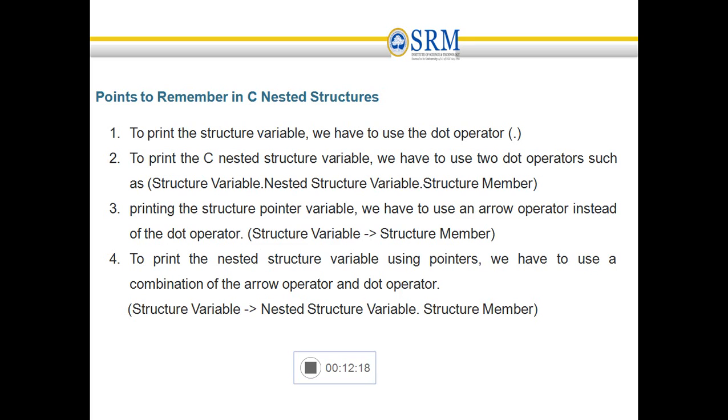So when you handle a self-referencing structure, you obviously use the arrow operator instead of the dot operator, as the example shown here. And to print a nested structure variable using pointers, we have to use a combination of the arrow operator and the dot operator. This you will also understand in the further topics on pointers and structures. In that case, you use the structure variable, the arrow operator, and the nested structure variable dot the structure member variables.